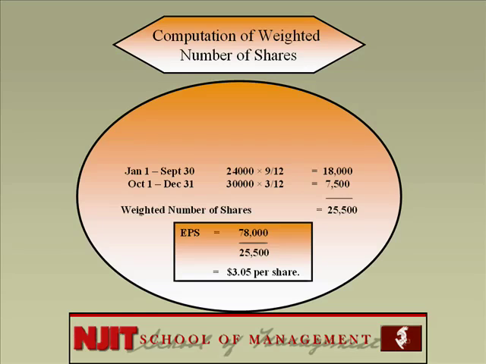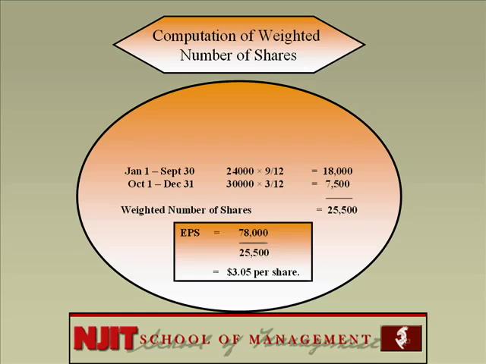So you times the number by the date. So to weight it, you multiply 24,000 by 9 over 12 and 30,000 by 3 over 12. As you can see, the total weighted number of shares is 25,500.